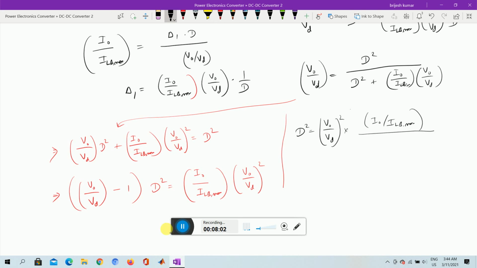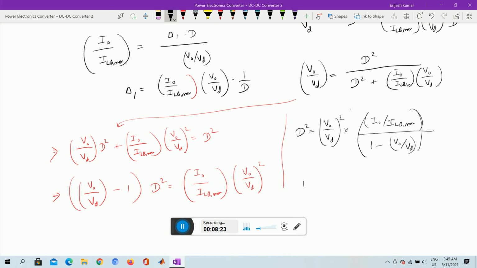divided by this term, because since we are writing this term in the right hand side, so this will interchange, 1 minus V0 by Vd, that's a value, and this we can take together common, and we can write like this.